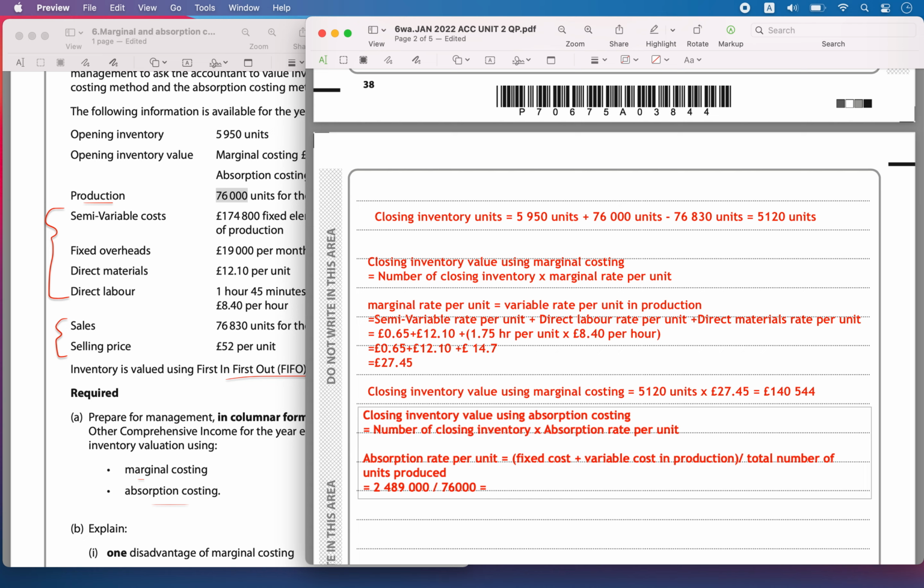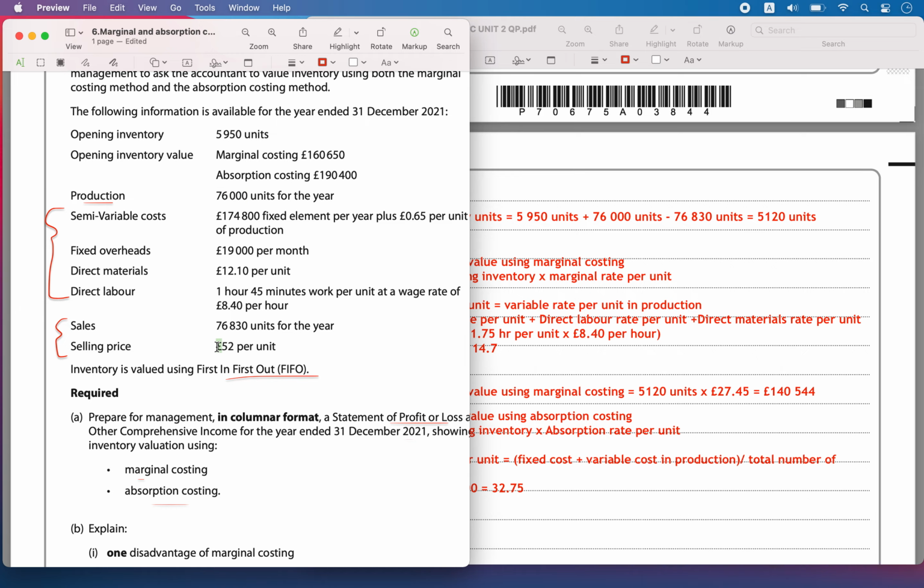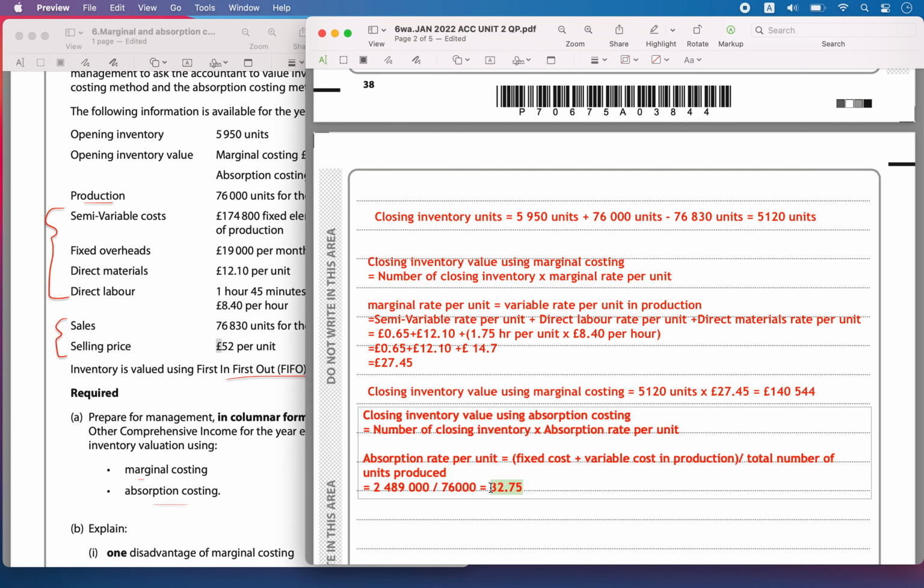So 2489,000 divided by 76,000 is equal to 32.75 pounds. 32.75 pounds is the absorption rate per unit.